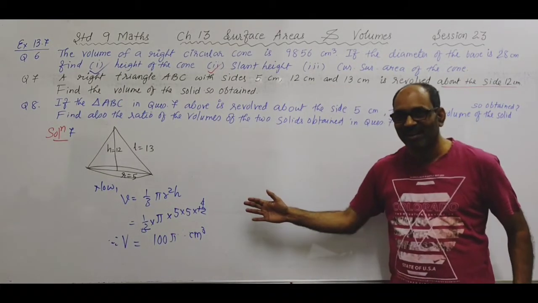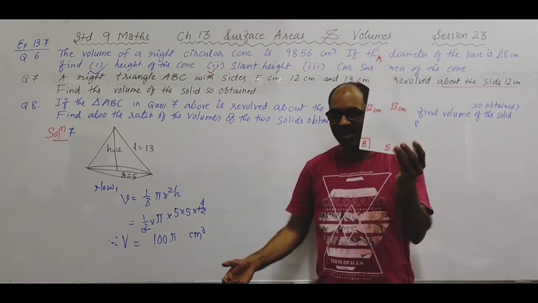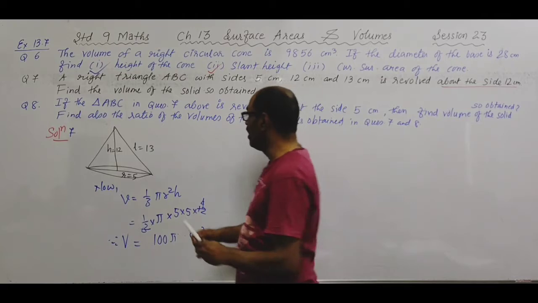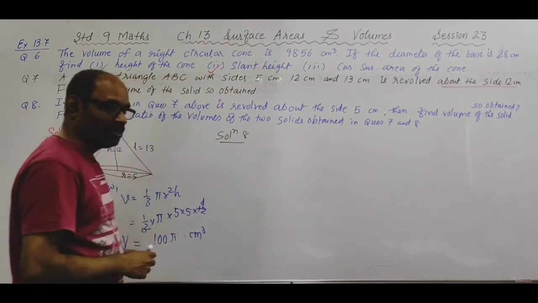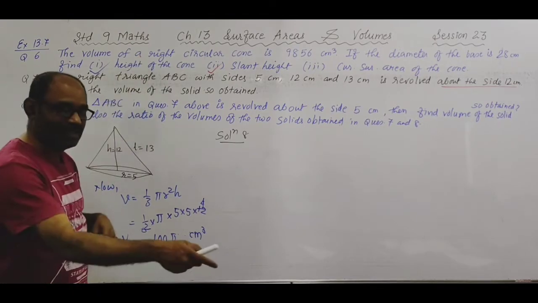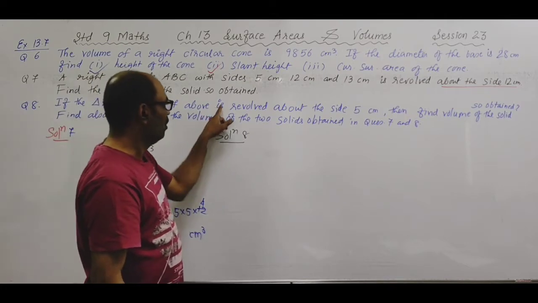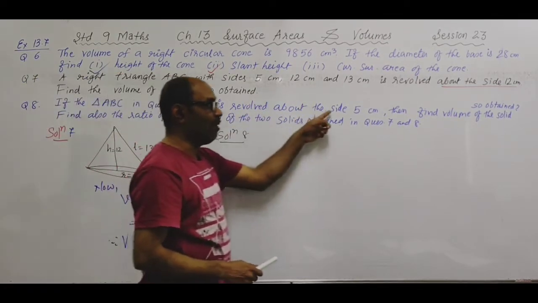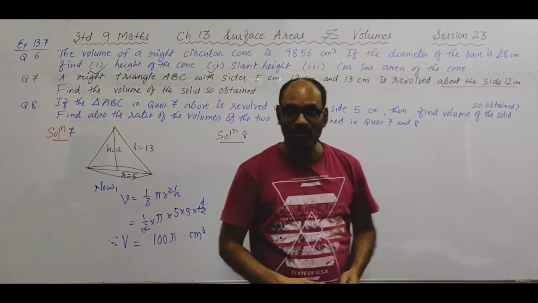Are you getting me? So simple. You just need this imagination. That's why I have taken the triangle here to show you. Is that clear? Now solution number 8. There are two questions in it. If the triangle in question 7, the same triangle above, is revolved about a side 5 centimeter, then find the volume so obtained.